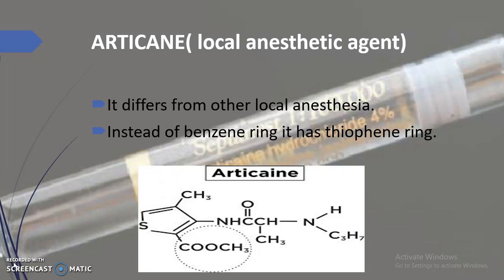Articaine is exceptional, but it contains an additional ester group that is metabolized by esterase in the blood and tissue. The elimination of articaine is exponential with a half-life of 20 minutes.